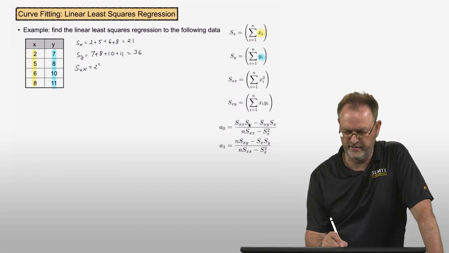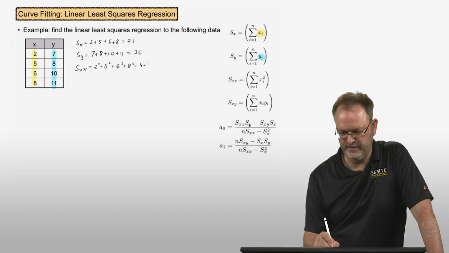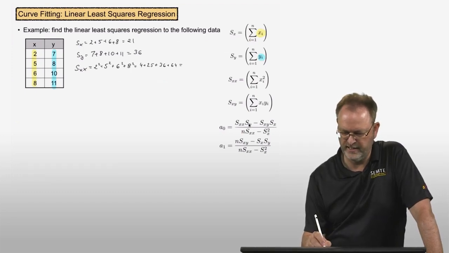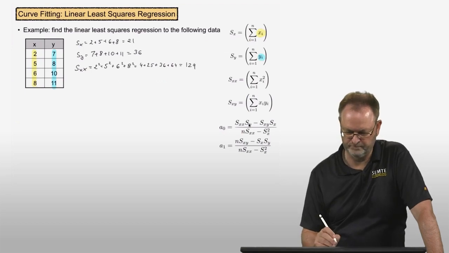So 2 squared plus 5 squared plus 6 squared plus 8 squared. So that's 4 plus 25 plus 36 plus 64. 36 plus 64 is 100. That would be 129.